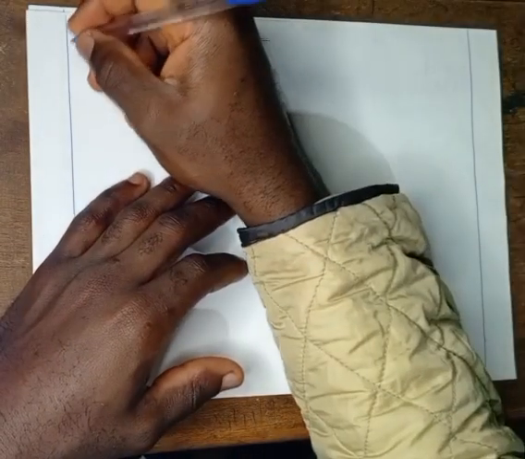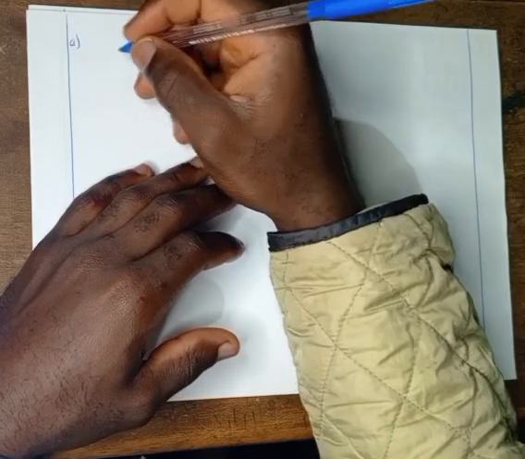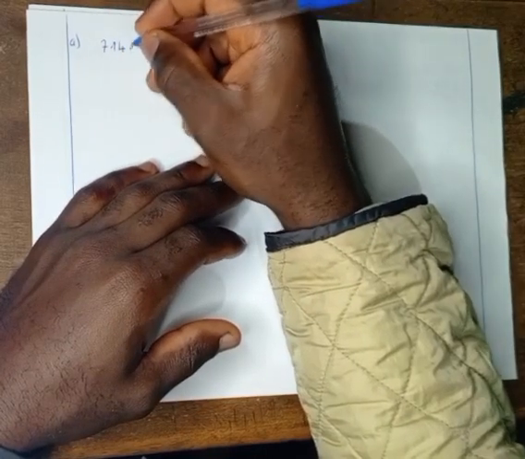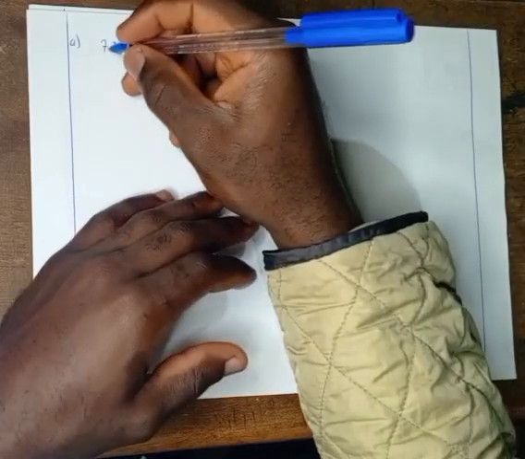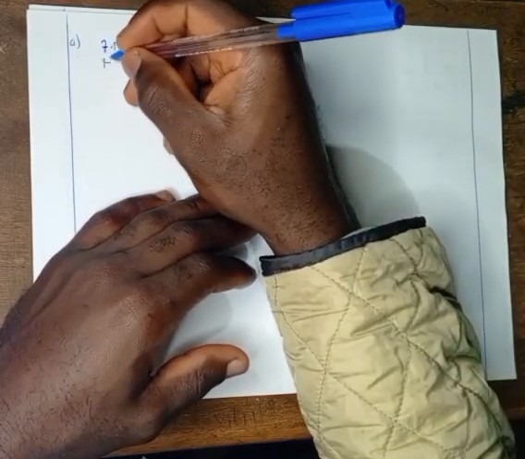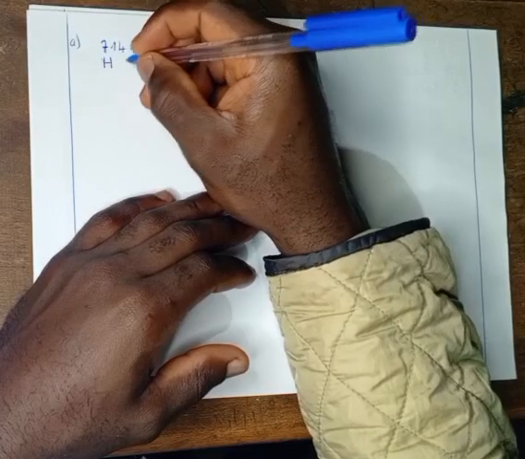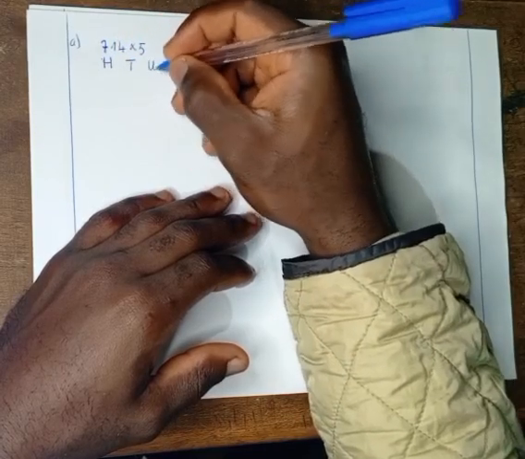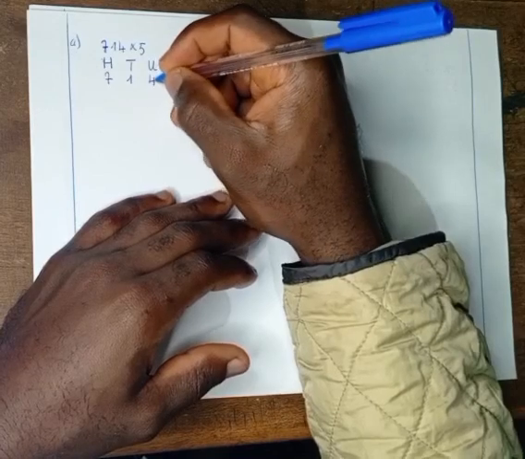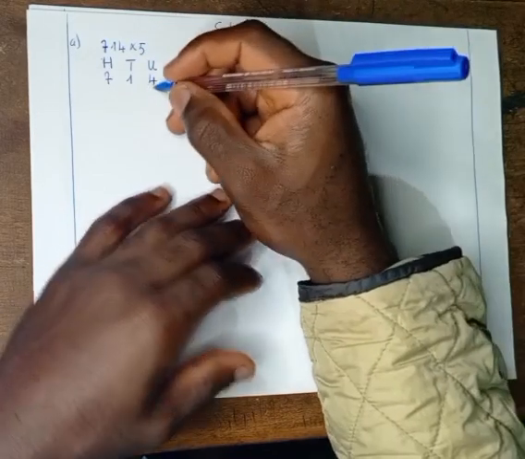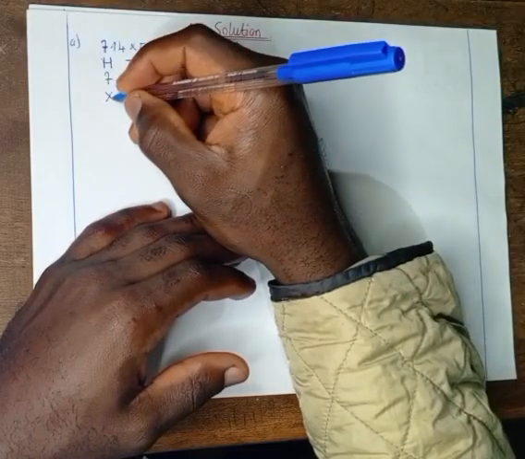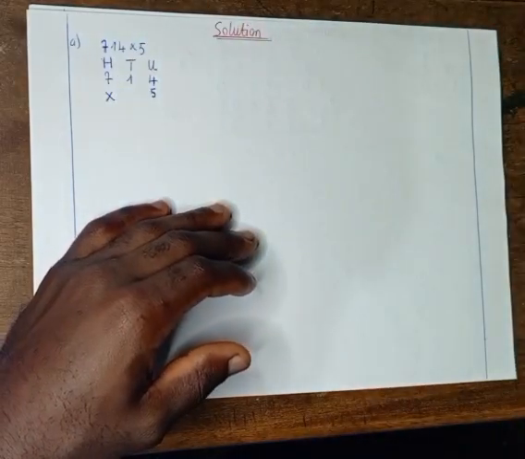For question E, let's multiply the number 714 times 5. The number 714, the highest place value is hundreds, the next tens, and the last one units. We are going to write 7 here, 1 here, 4, times 5. 5 has a place value of units, so we are going to put 5 here. We put an X for multiplication.